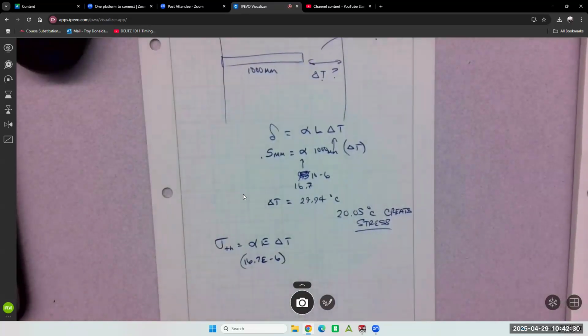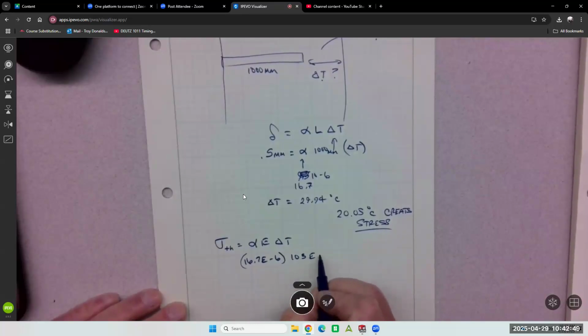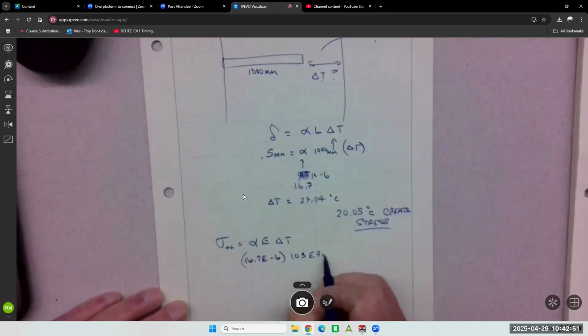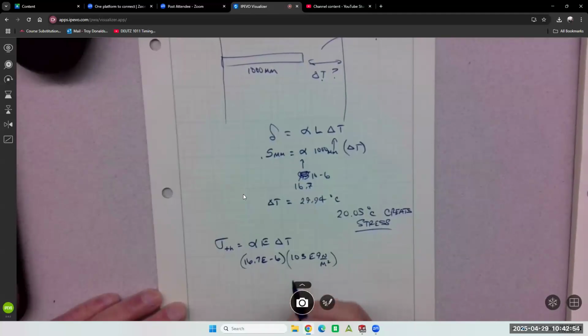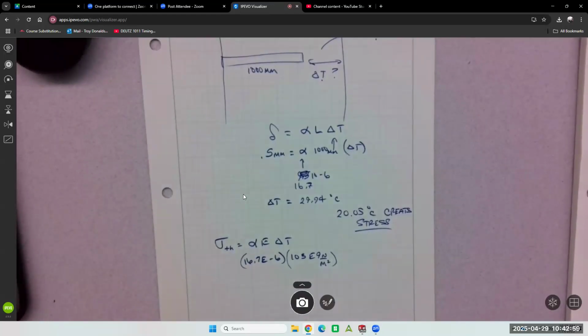E for the metric system for copper is 103 times 10 to the 3rd megapascals, which ends up to be 103 e to the 9. Or you can just leave it in megapascals, because that's going to be your stress in the end. So however you want to do that.